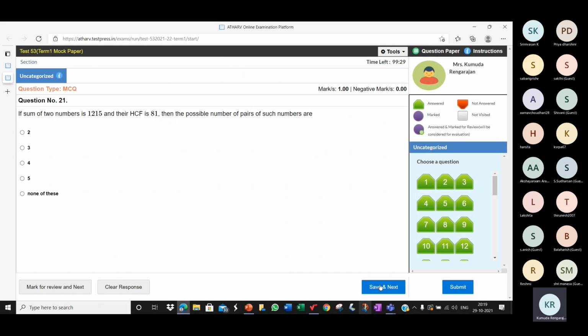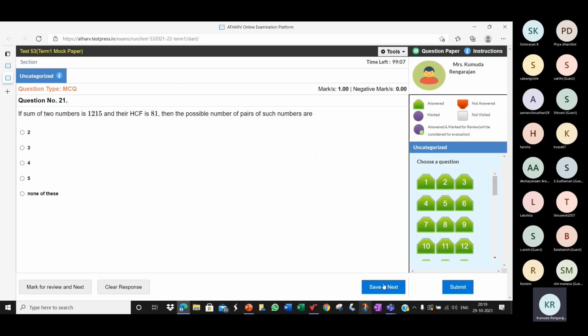So you can express the two numbers using the HCF: 4x, 4y. Am I right? 4 into 3, 4x. 4 into 5, 4y. That HCF is fixed. 4 into what is x? 4 into the other one, y.